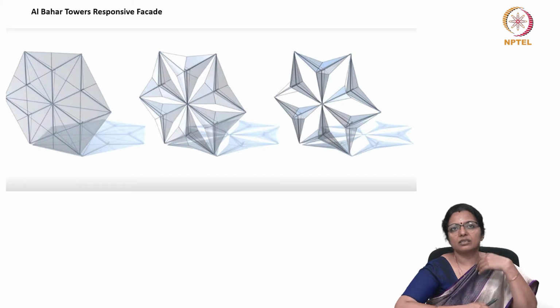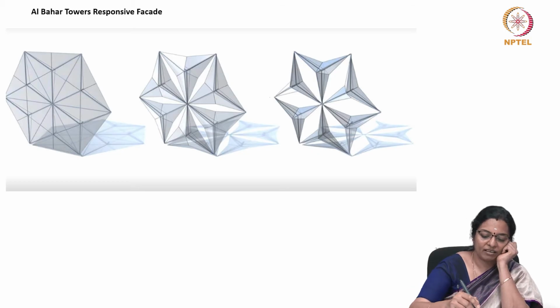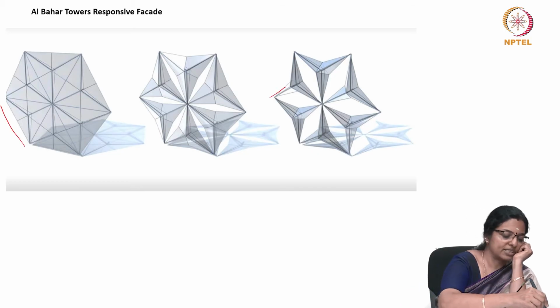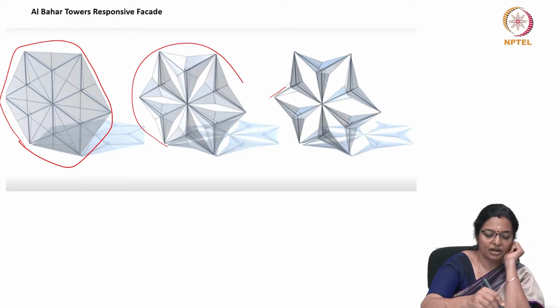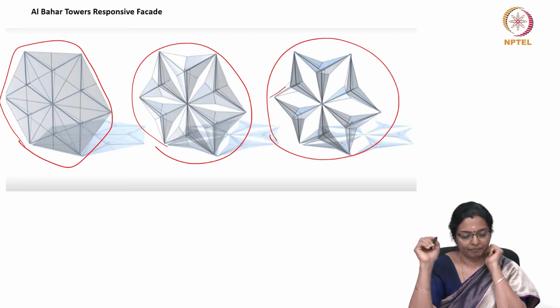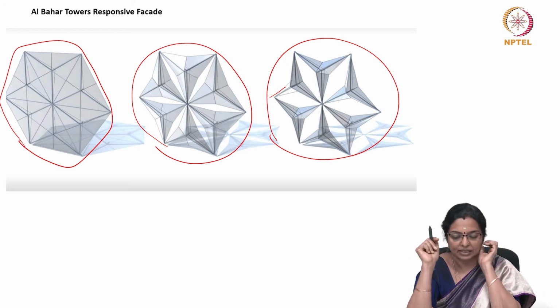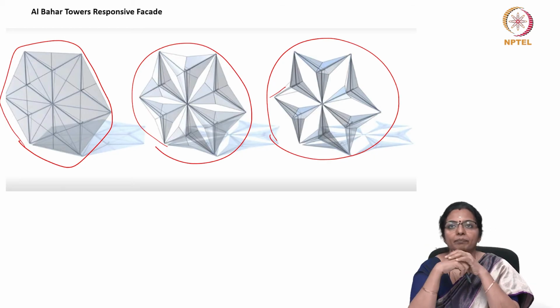So the outdoor skin operates like a curtain wall, to either close or partially open or completely open the facade, the curtain wall which is behind.